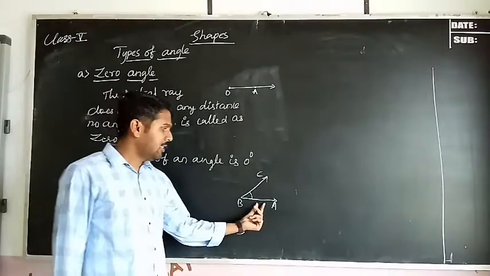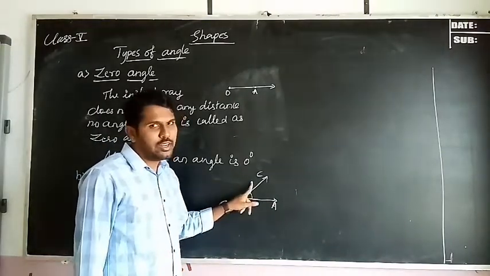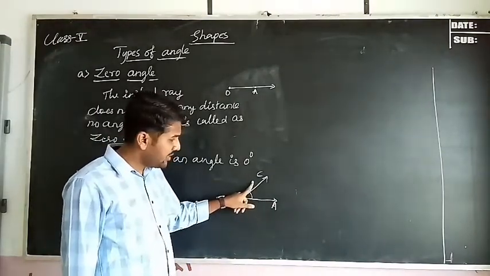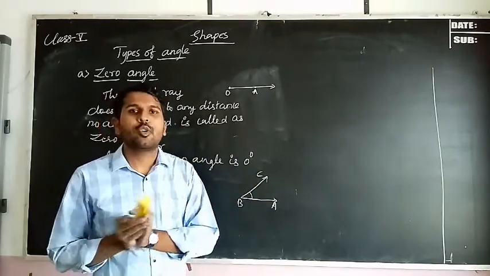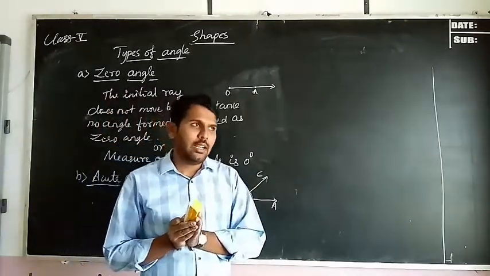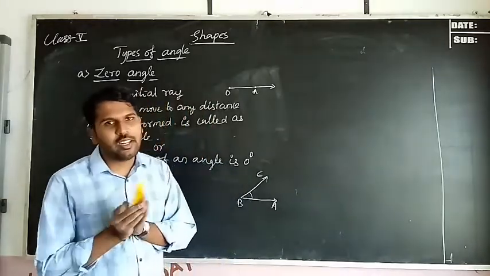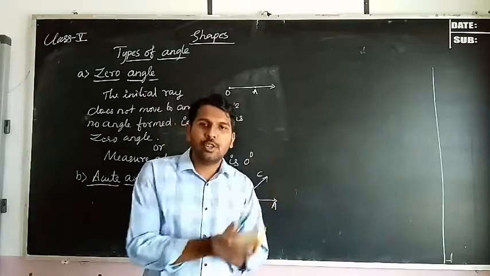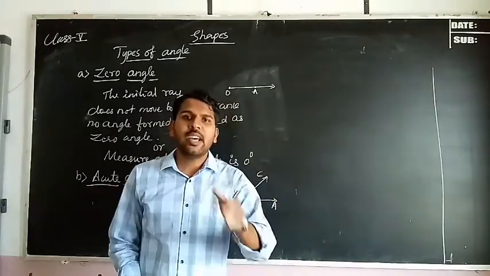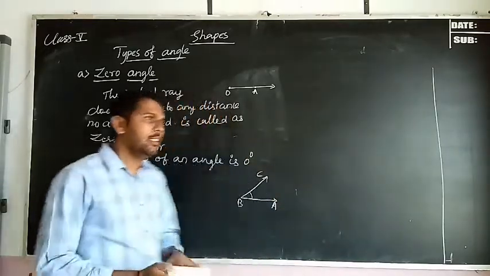Otherwise, this is the initial ray and this is the final ray. The initial and final rays are in between 0 degree and 90 degree. It is called an acute angle.